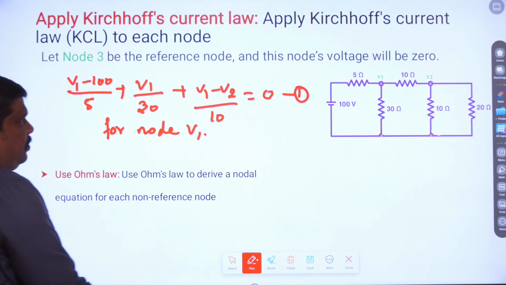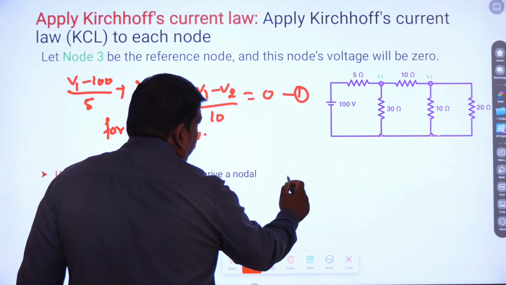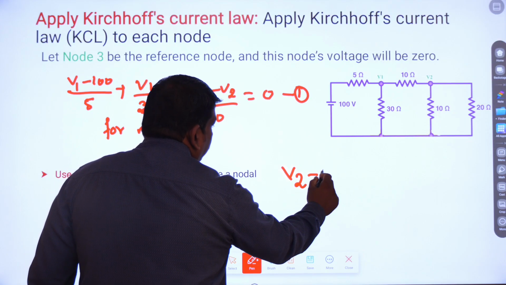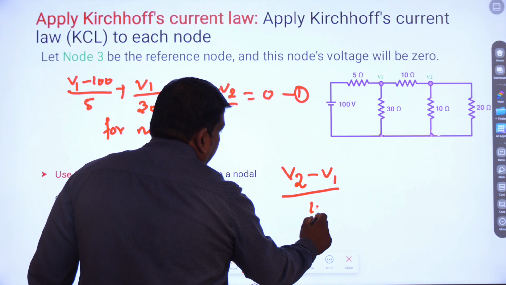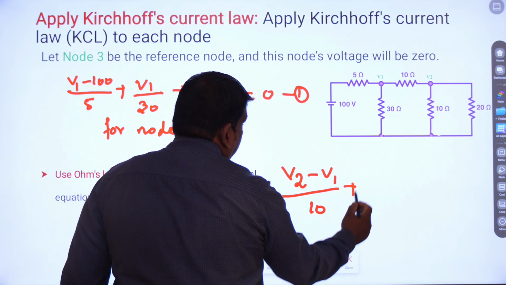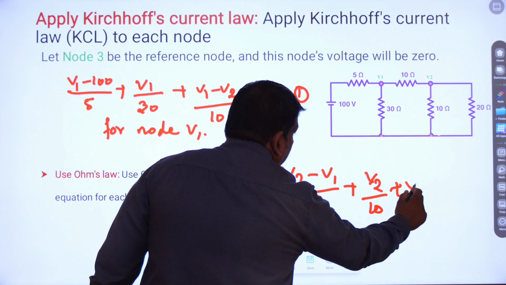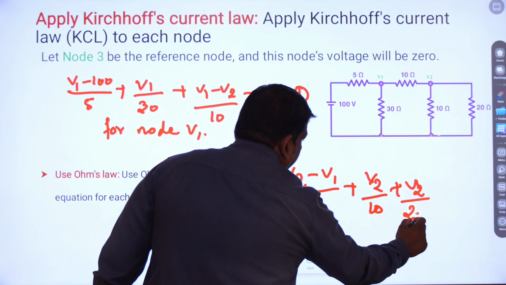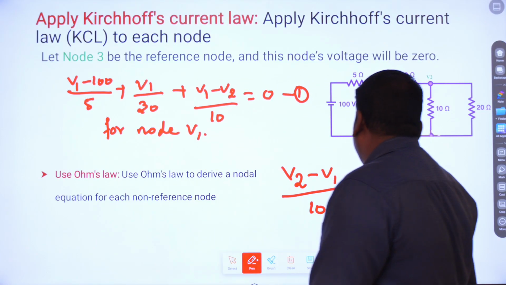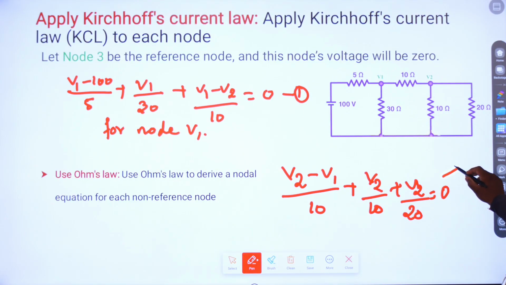And second equation. Okay, we will form your second equation for node 2, that is V2 minus V1 divided by 10 plus V2 divided by 10 plus V2 divided by 20 is equal to 0.